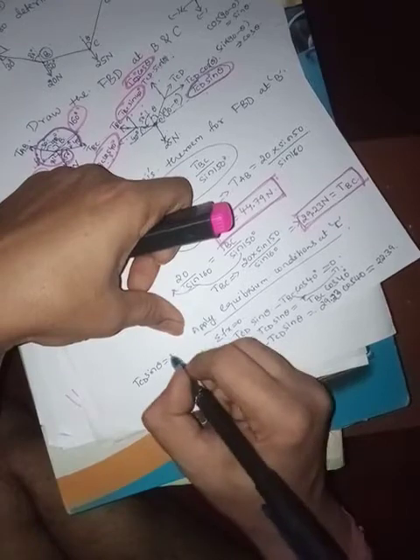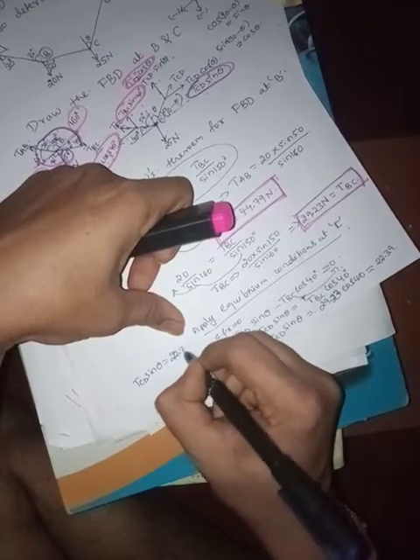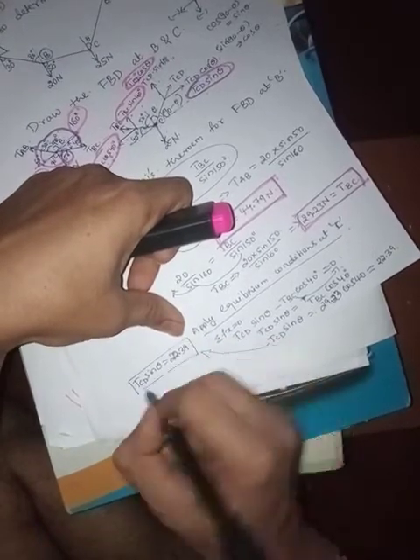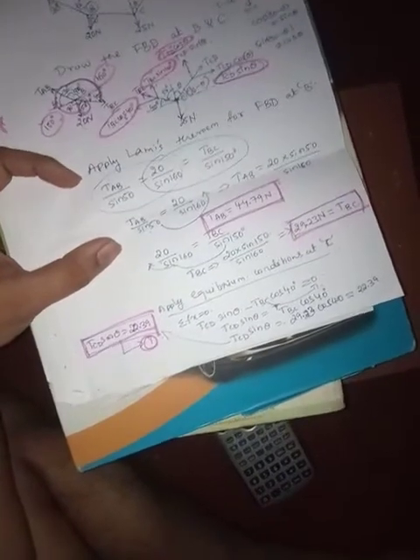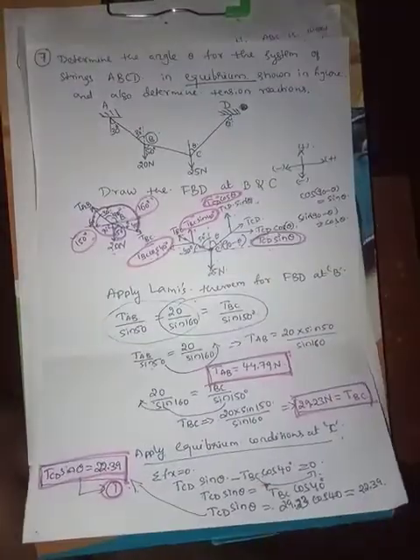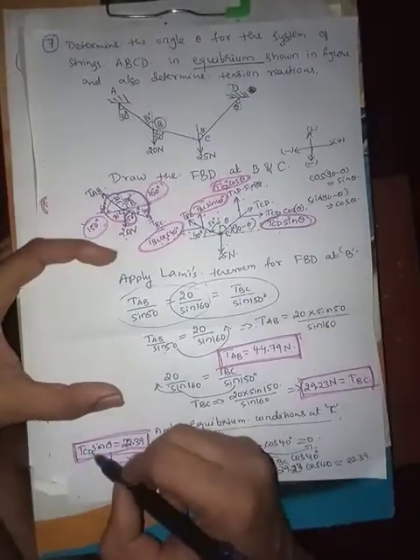I am writing the same equation here: TCD sin theta is equal to 22.39. I call it equation 1. So we found the equation here, that is TCD sin theta equals 22.39.